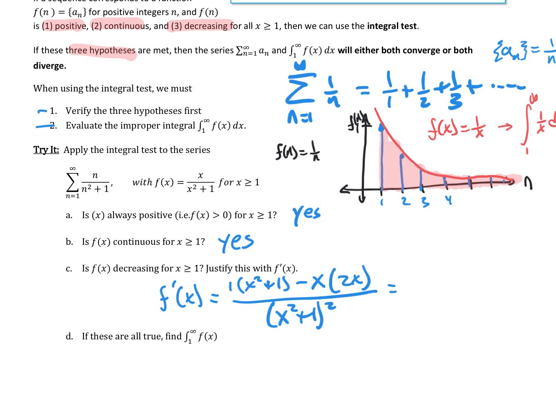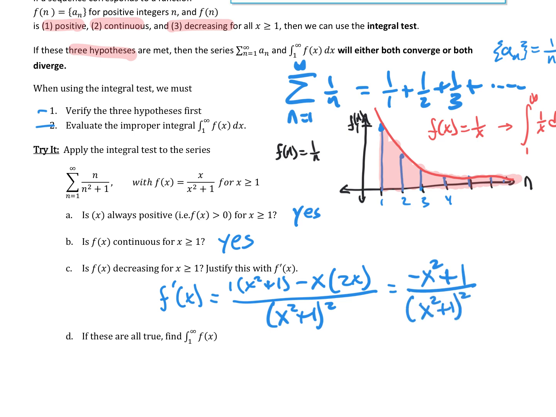So let's clean up the top. That's x squared minus 2x squared. See that? So x squared minus 2x squared will be negative x squared, actually, right? So negative x squared plus 1, all over x squared plus 1 squared.